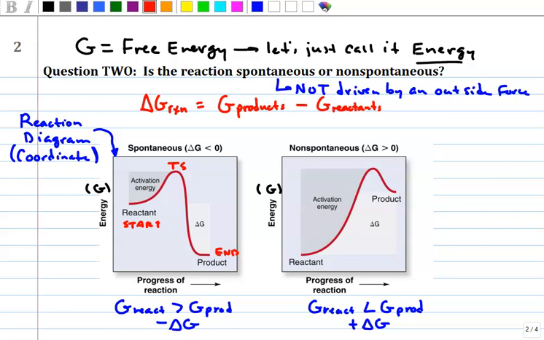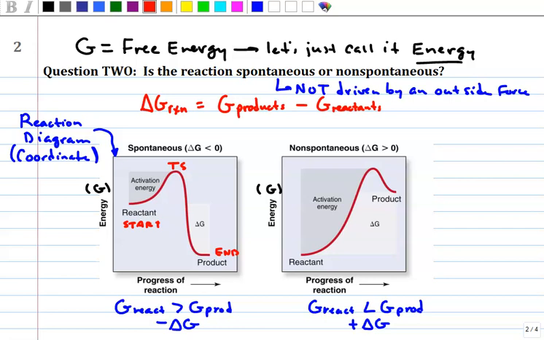And so the difference in energy between reactant and product will tell you if a reaction is spontaneous or non-spontaneous. A spontaneous reaction is not driven by an outside force, which is typically requiring some type of input of heat. But technically, the definition of spontaneous is not driven by an outside force.